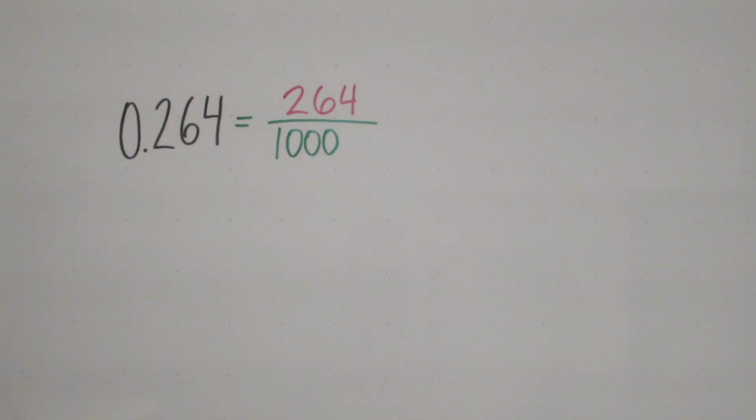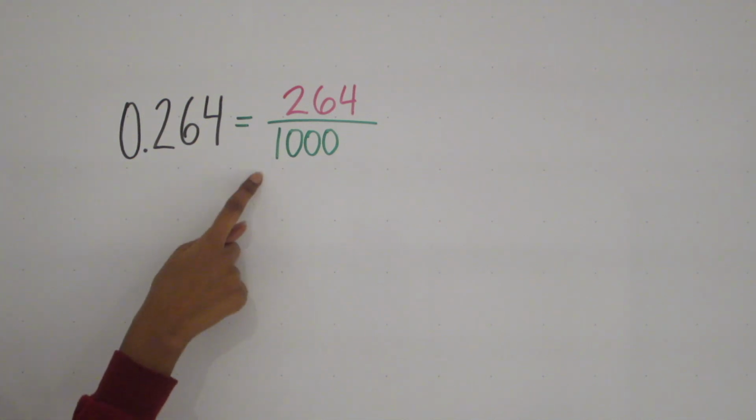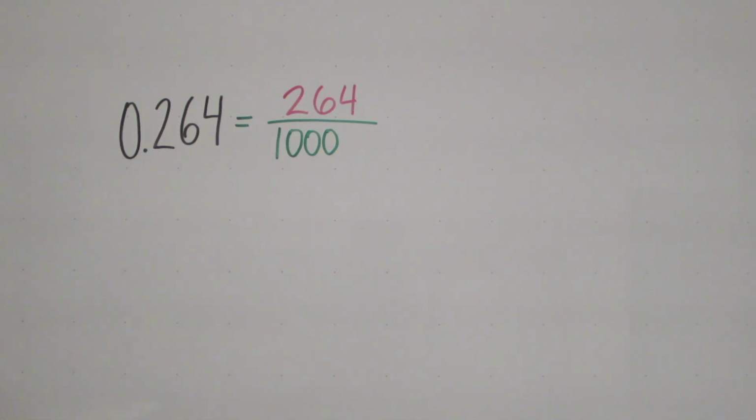Now are we done? No, because we can reduce to the lowest form. What's a number that can be divided by both 264 and 1000? If you're stuck, you can always go step by step. We know 264 can be divided by 2, and 1000 can also be divided by 2. 264 divided by 2 gives us 132. 1000 divided by 2 gives us 500.